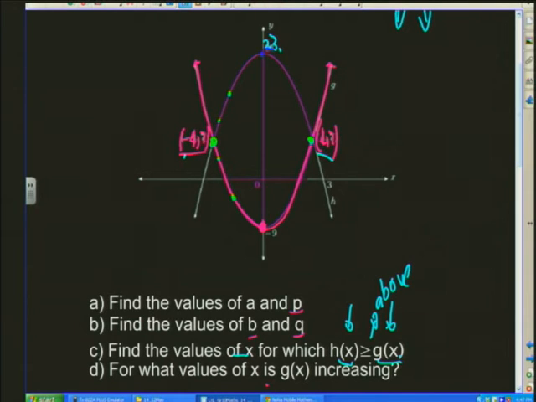So that's what you're really doing. You're comparing the y values, and you're saying for what x values this specific pattern happens. When is h greater than g? All right? And we see that that happens all the way from x is equal to -4 all the way to x is equal to 4.